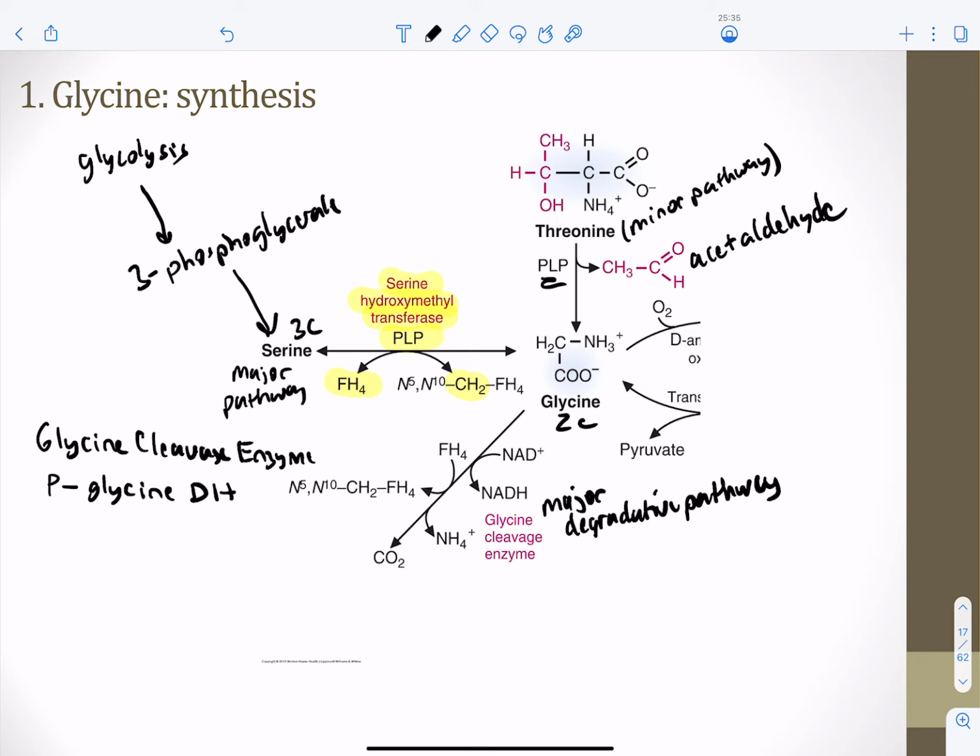It has an H subunit, which is lipoic acid.